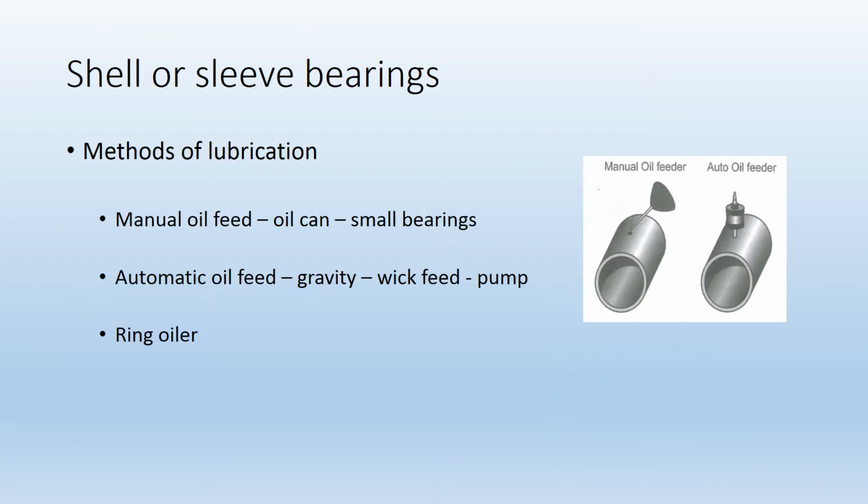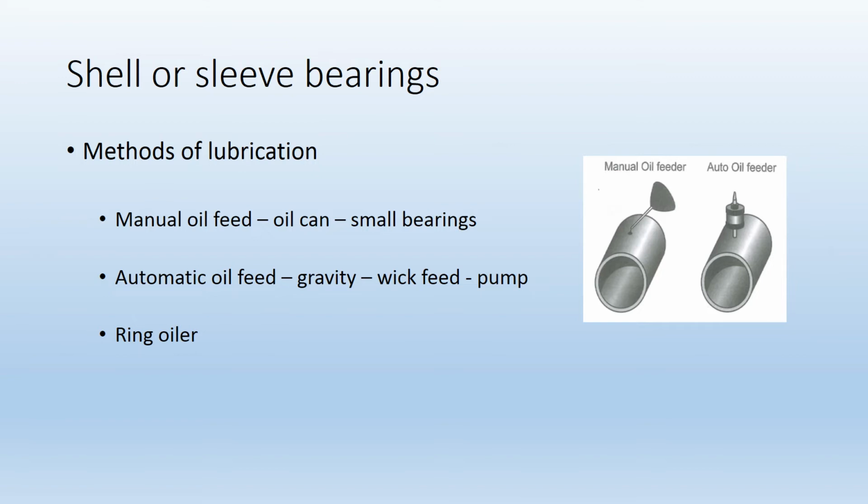In shell or sleeve bearings, there's three different methods to lubricate. There's manual feed, automatic feed, and a ring oiler. With the manual oil feed, someone comes along with an oil can and puts a few drops in from typically the top of the bearing, that's the low pressure side, and that will help to coat the surfaces.